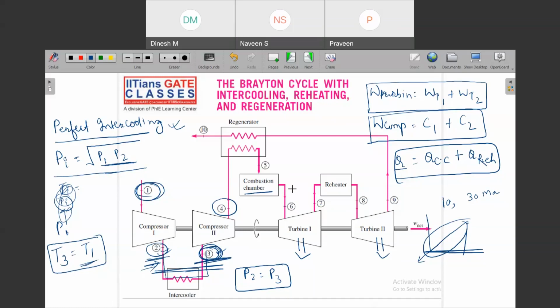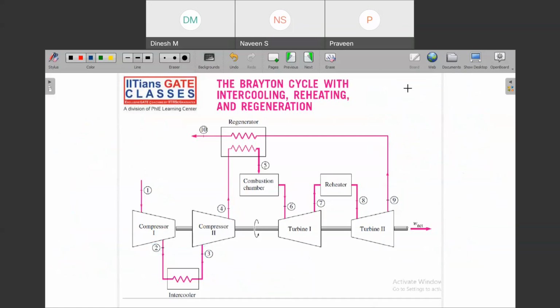Next is perfect reheat. For perfect reheat, you would see here you have the combustion chamber. From the combustion chamber you have T6, and then after reheat you have temperature T8.